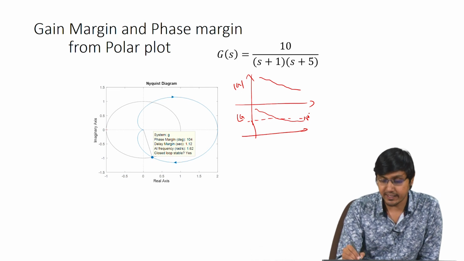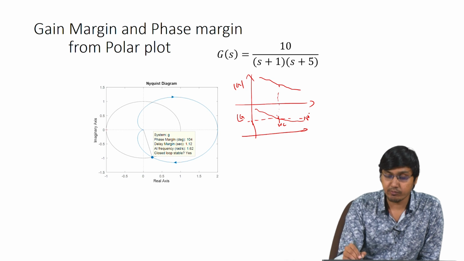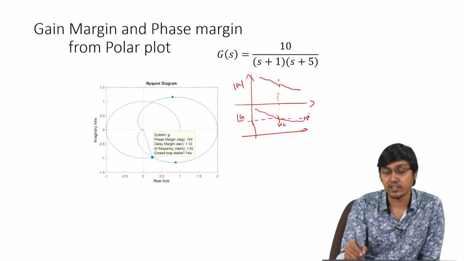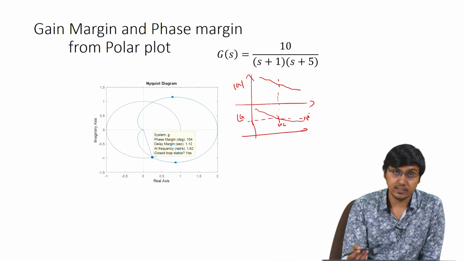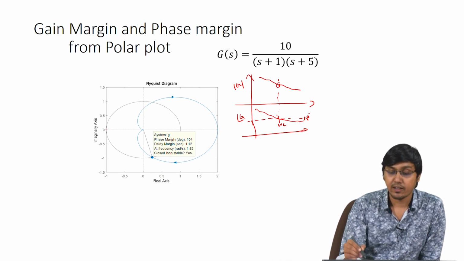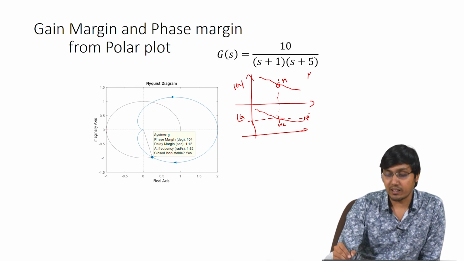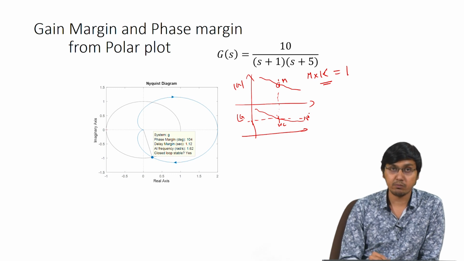So this is the omega c, and we see what the magnitude of G(j omega) is at that point. Say this magnitude was some value m. What is the multiplicative gain k we can apply so that multiplying it becomes 1?